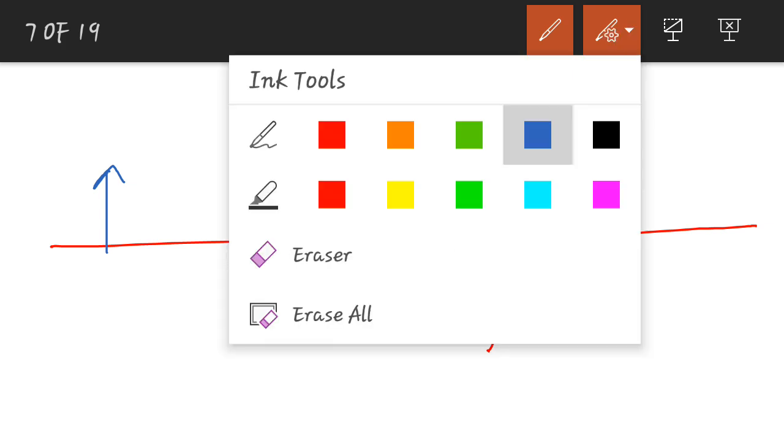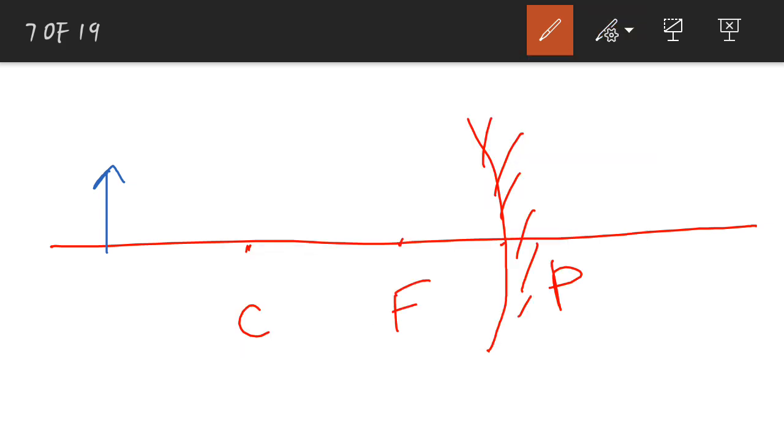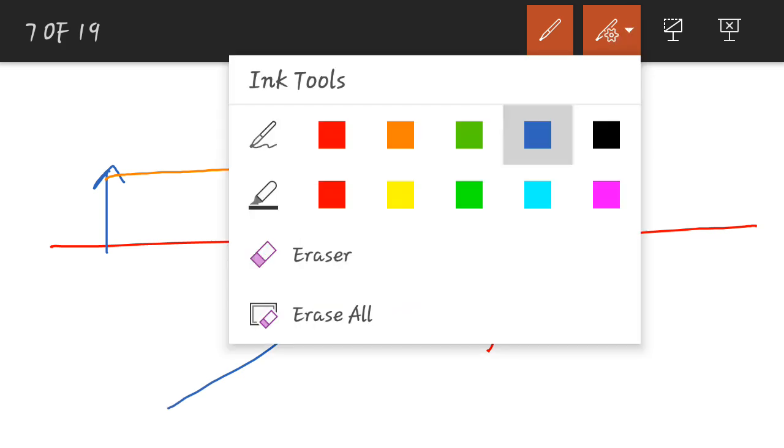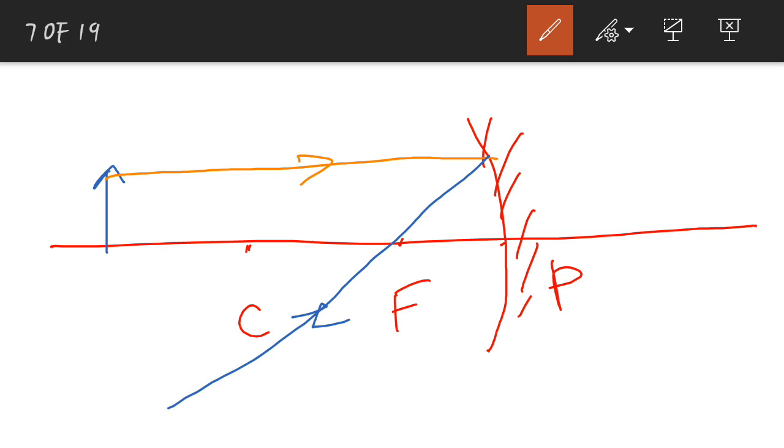Then we can draw, this is the object kept. A ray parallel to the principal axis will pass through the focus. Then another ray passing through the center of curvature will reflect back.